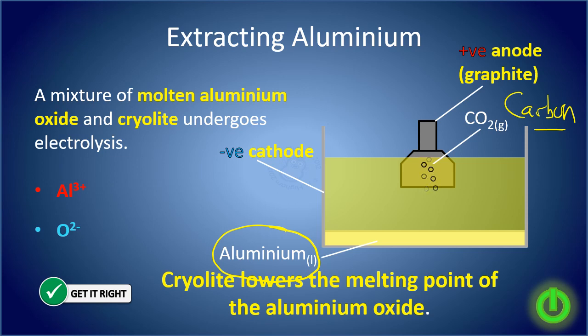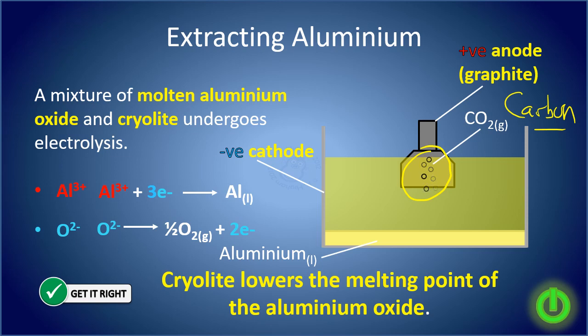They will collect electrons and form elemental aluminium. As the negative ions hit the anode, they will lose their electrons and form oxygen. But significantly, if we look at our anode here, we've got carbon dioxide being produced.